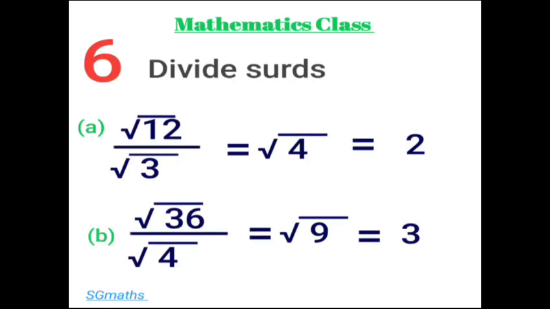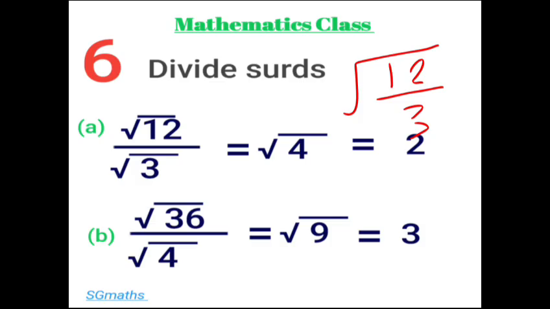Okay, let's look at this. A, root 12 divided by root 3 will give us root 4. And this is how it's root 4. You have it as 12 divided by 3.